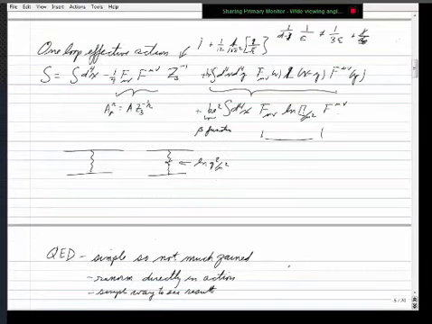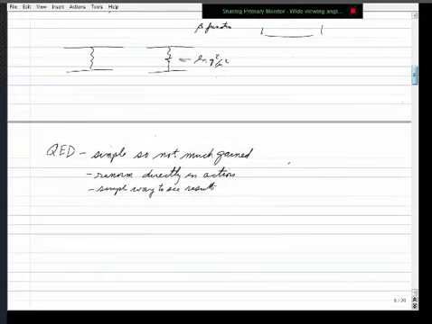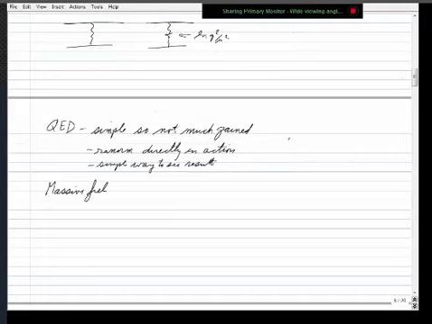A couple of comments. So QED, this has not bought us much. QED is simple, so I could do it the other way. So not much has been gained. However, I've done renormalization directly in the action.